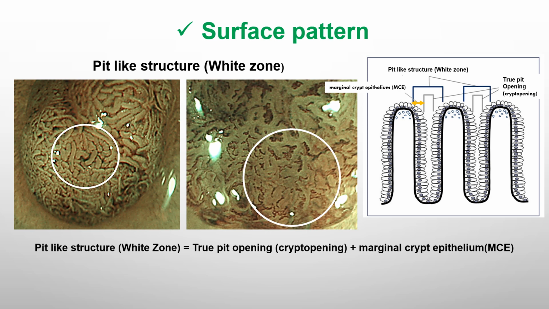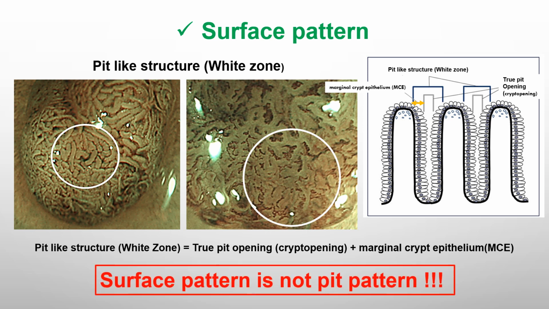A pit-like structure is a combination of the true pit opening and the marginal crypt epithelium. Because colorectal tumors have many rich and tortuous glandular ducts, the NBI light does not penetrate vertically into the pit, and the true pit is not easily seen through the dark area.